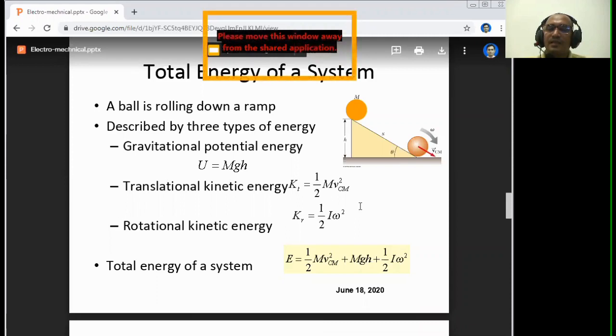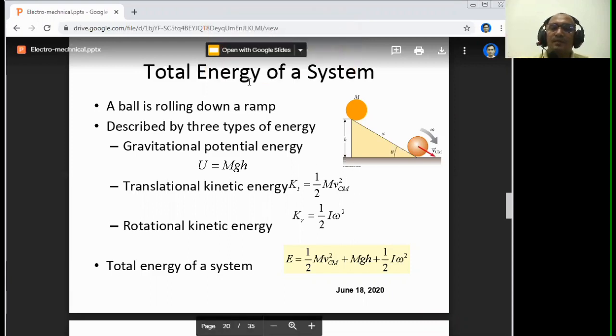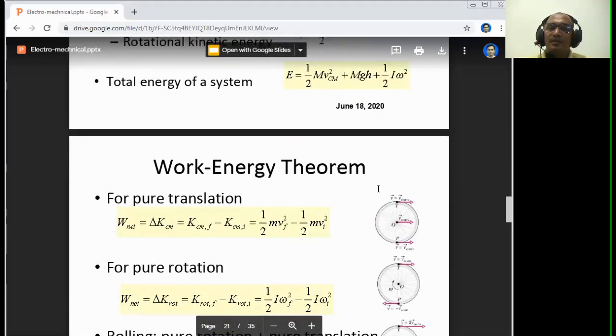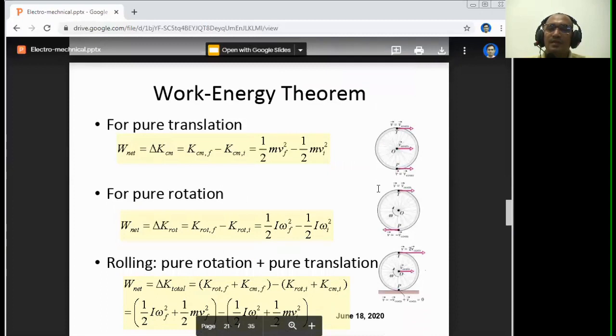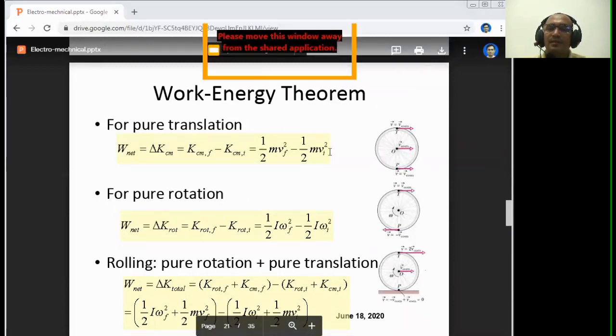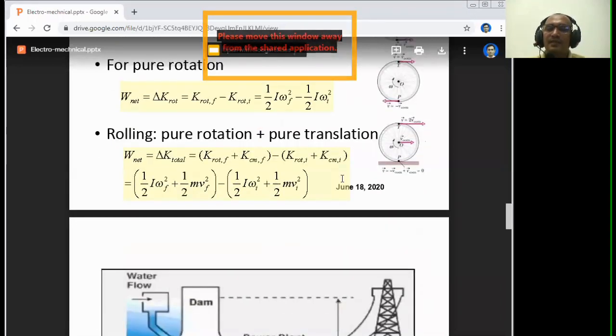So kinetic translational, kinetic rotational, and the potential energy will all be an energy system due to the circular system. In that case we can consider pure rotation, pure translation, and rotation plus translation, which will be more effective for designing a circular thing to transfer the energy.